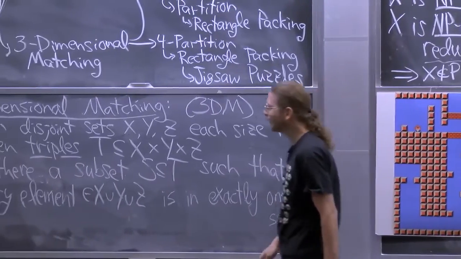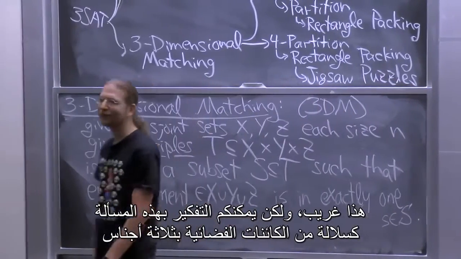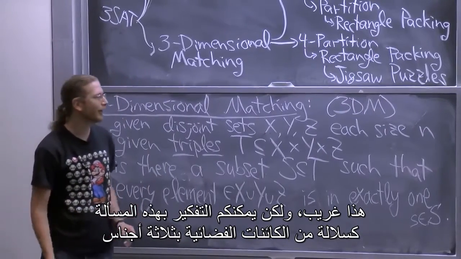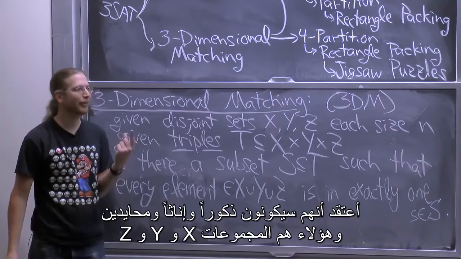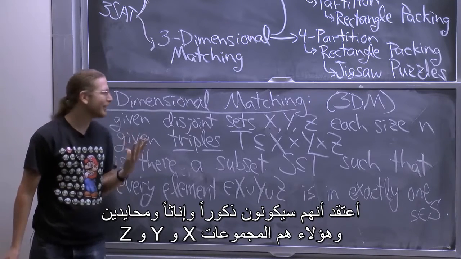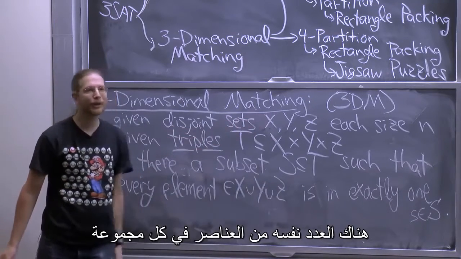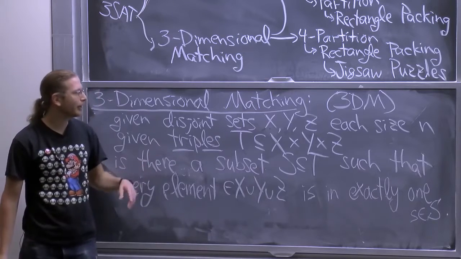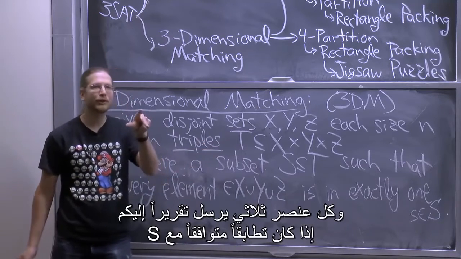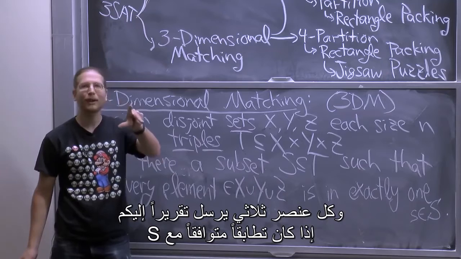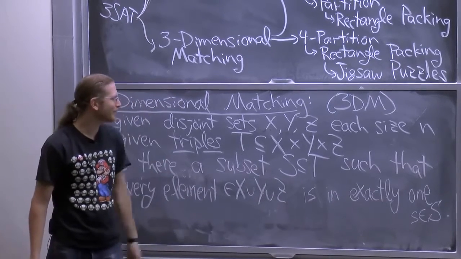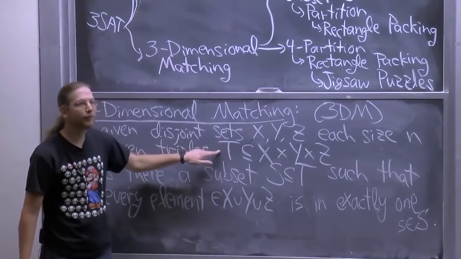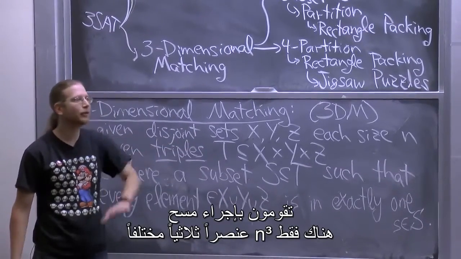OK, this is a little weird, but you can think of this problem as you have an alien race with 3 genders, male, female, neuter, I guess. Those are the X, Y, and Z. There's an equal number of each. And every triple reports to you whether that is a compatible matching. Who knows what they're doing, all 3 of them. So you're told up front, you take a survey, there's only n cubed different triples.